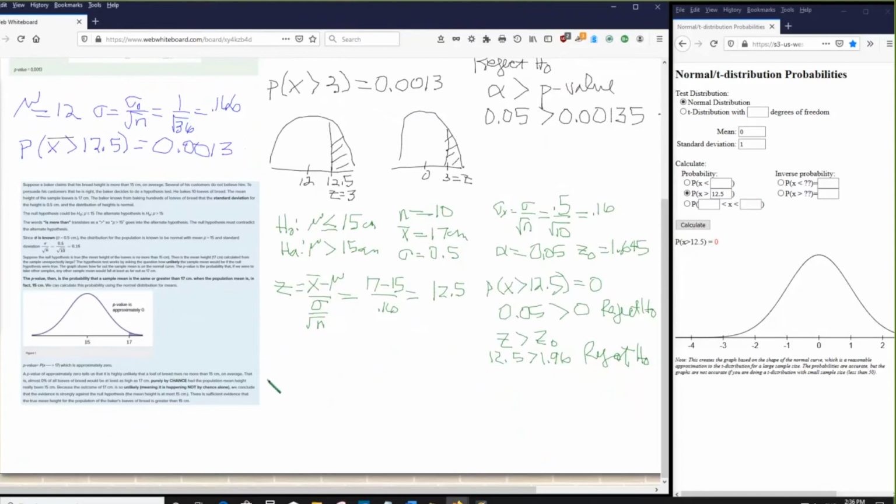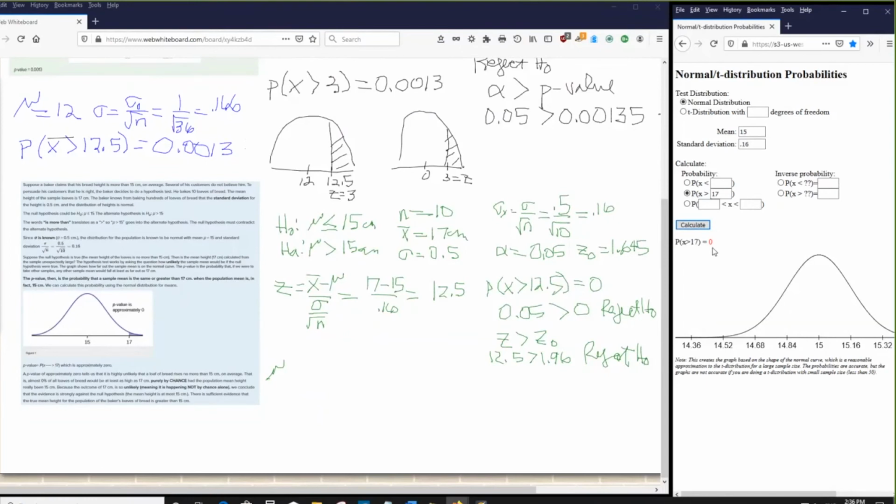So if I use the mean of 15, the standard deviation of 0.16, and I wanted to know if the x values are going to be greater than 17, once again, that gave me a 0 probability.